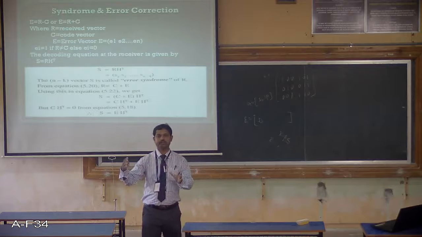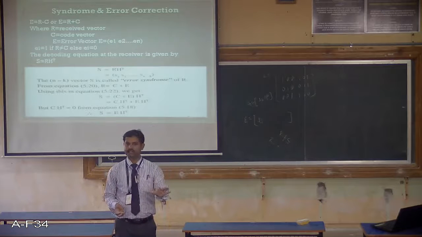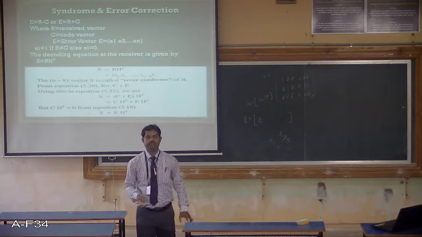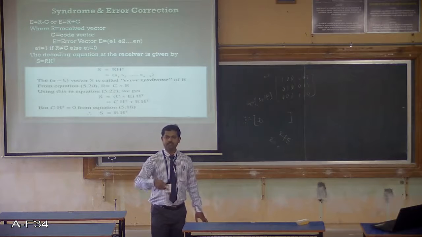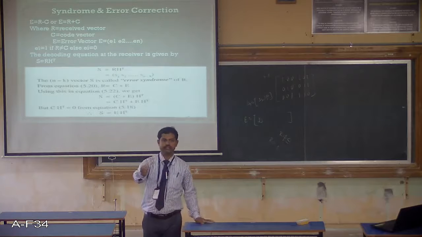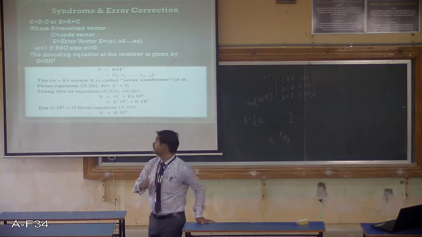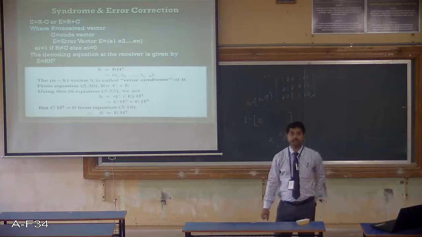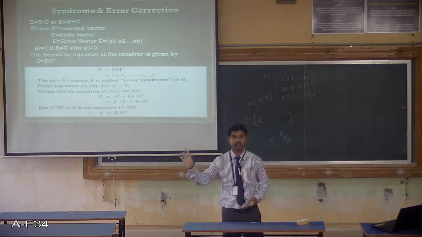Syndrome is one particular matrix. When you look at the matrix, I can say whether an error is present. If there is an error, where is it? What is the position of that bit? Once I know where exactly the error is, I can fix it. That is the correction. We will see that in the next class. S is equal to R H transpose is the way to detect the errors and fix the error at the receiver.